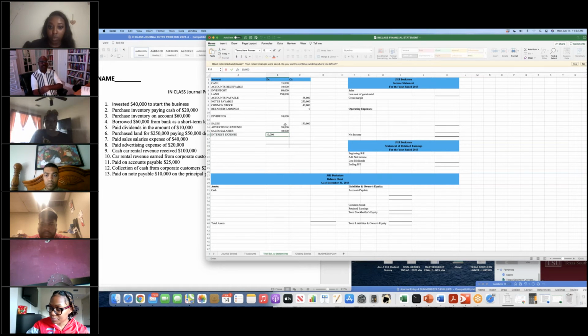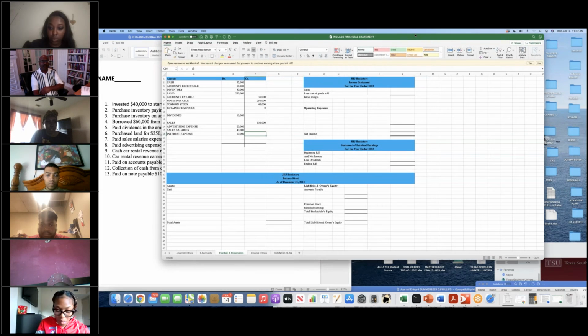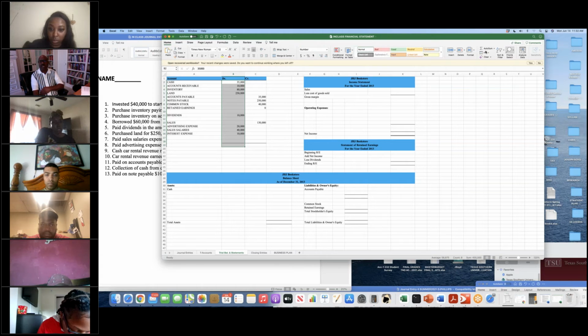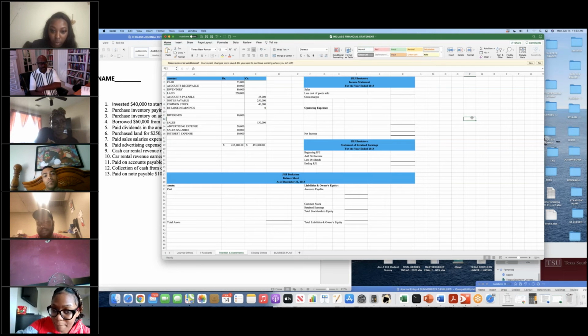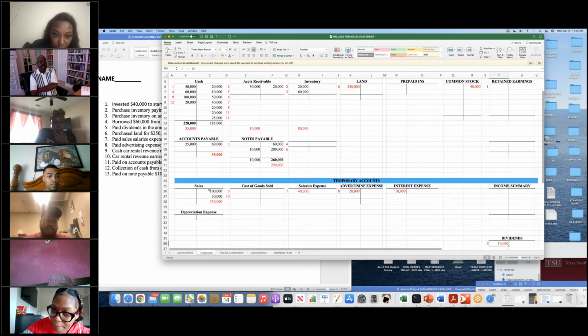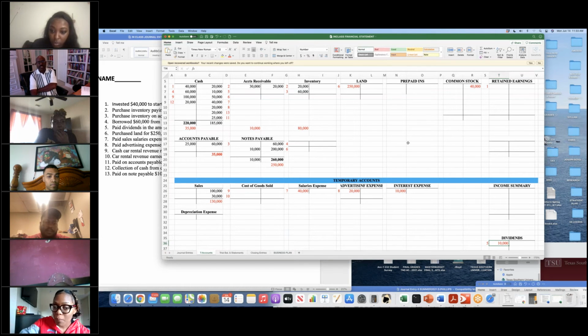So are we in balance? Ought to sum our debits. We are in balance. So all we did to get this trial balance was to go to the T accounts and pick up the balance of each account.